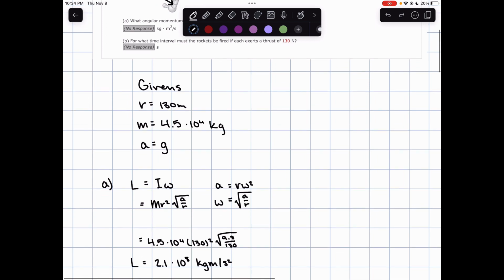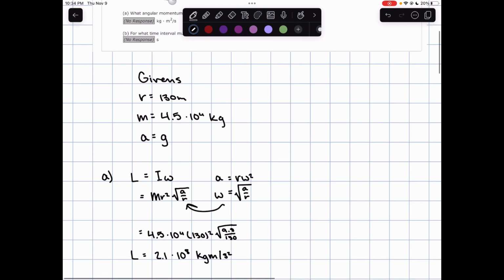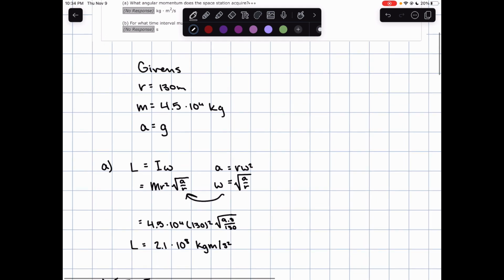We know that acceleration is equal to the radius times angular velocity squared. By doing some algebra, we can get angular velocity alone, and we find that it is equal to root acceleration over radius. So, we're going to plug that into our equation where angular velocity goes, and for the moment of inertia, we're going to use mr squared.